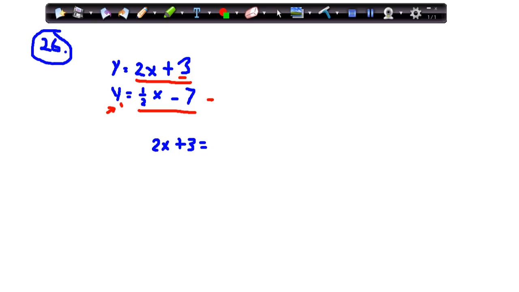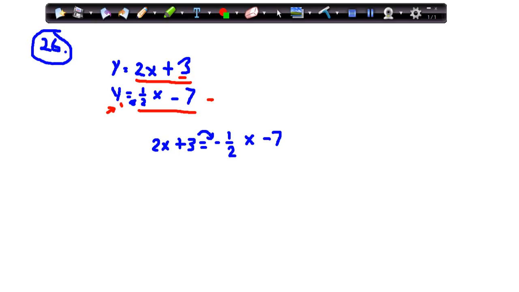Now, notice here, there's no negative half x, but because we're putting it on the other side of the equation, when you move things from one side of the equation to the other, it changes the sign. So this half becomes negative, negative half. If I move it back across the equation, this half will become positive, which I think we're going to end up doing. Negative 7.